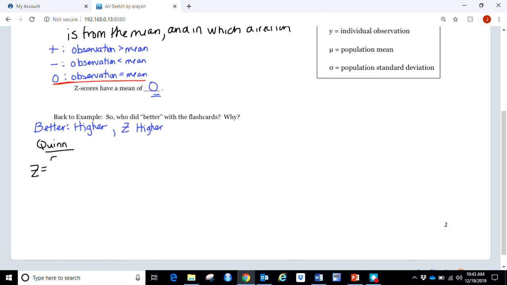So for Quinn, we take 56 minus 34 and divide by 10, which gives us a z-score of 2.20. What that number means: it's positive, so her observation was higher than the mean, and this tells me she did 2.2 standard deviations better than the mean. Better since it was higher.